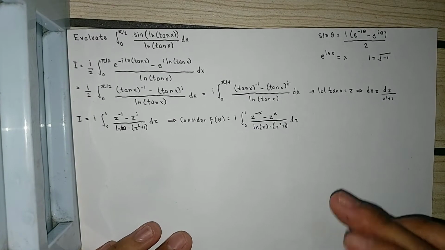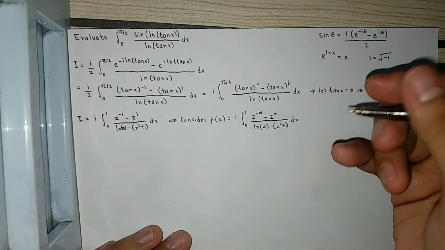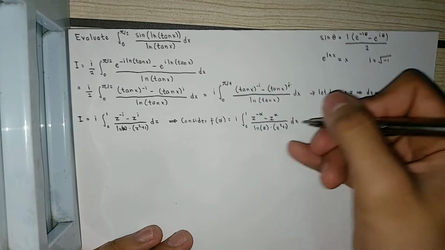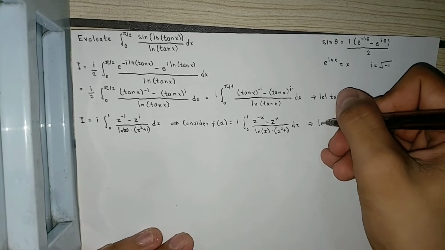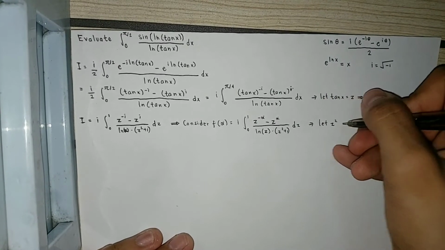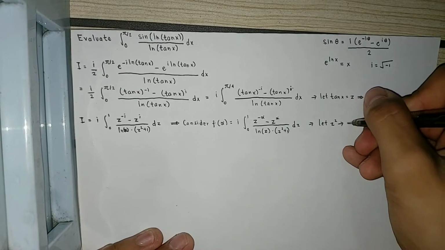So by a little bit of substitution again here, we will let z squared be z.